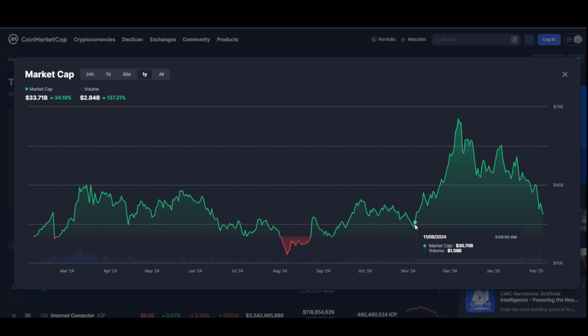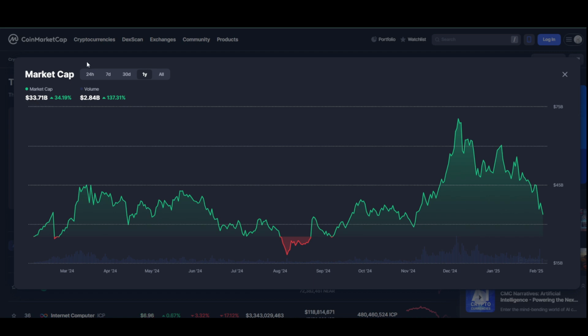We'll most likely see more bleed, and after that we will most likely rebound from this support, I think, because the support seems to be pretty strong. We did go up from here, and again we saw a correction, and again we had a massive pump, as you can see. So this is the most likely support that I'm looking at, which means we will most likely see some more bleed in the coming days from the AI coins.